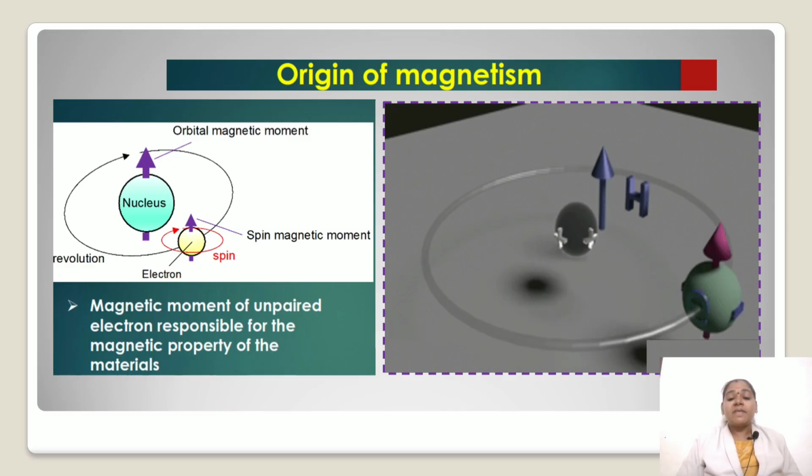So finally, we concluded the magnetic property of a material depends heavily on the number of unpaired electrons in its atoms. The more unpaired spins, the stronger the magnetic behavior will be.